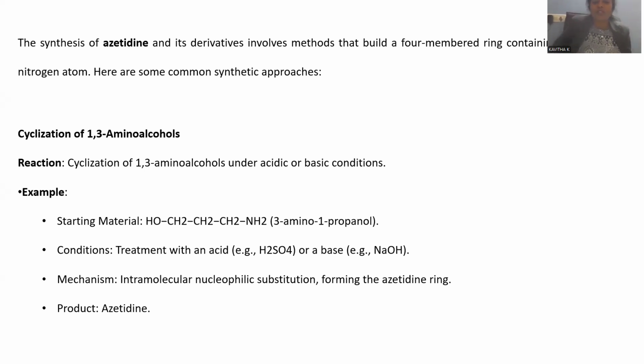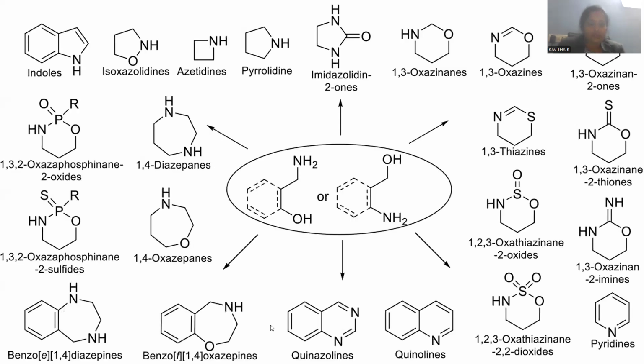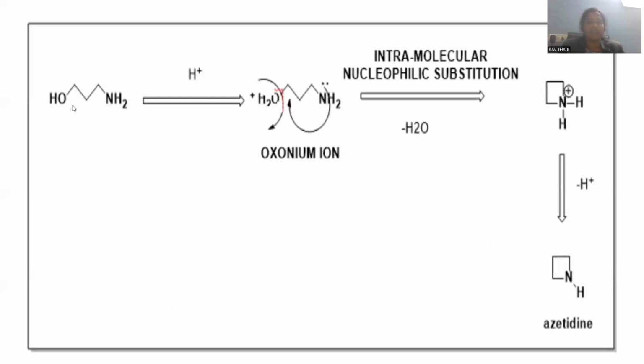Intermolecular nucleophilic substitution, where the hydroxyl can be removed. That works like a leaving group along with the protonated product, so that water will be removed there, and this nitrogen is nucleophilic because of its lone pair of electrons, and the nitrogen will bind with the carbon atom, giving rise to the cyclization reaction. Whenever you take this kind of hydroxy amino compound, it is protonated under acidified conditions, and on protonation you can notice an oxonium ion.